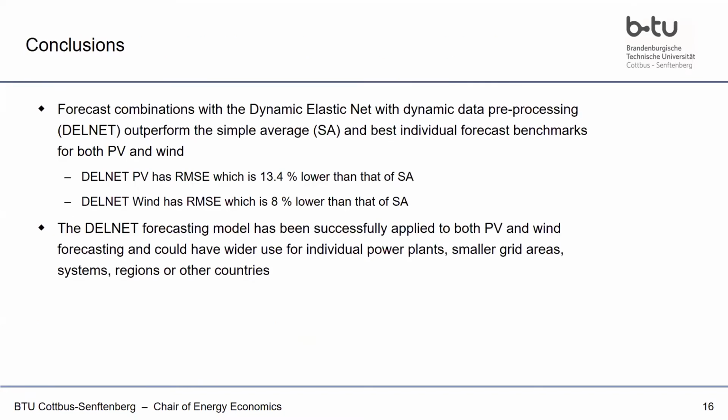Now we have arrived at the conclusions. So, forecast combinations with the dynamic elastic net with dynamic data pre-processing. Delnet is outperforming the simple average and the best individual forecast benchmarks for both wind and PV, as I already said. So the delnet of the PV has RMSE which is 13.4% lower than that of the simple average.